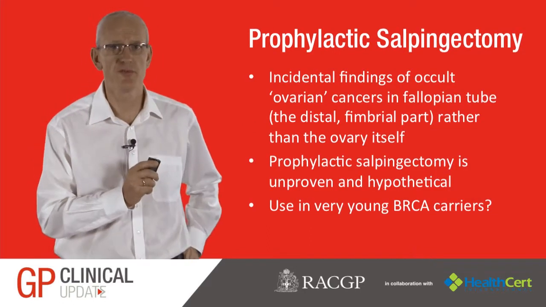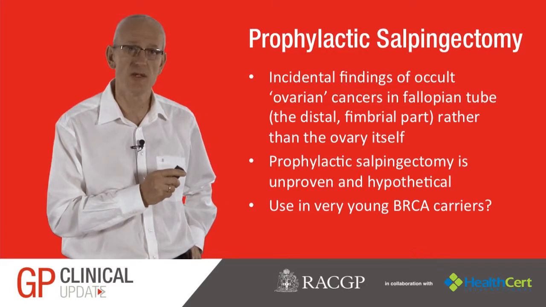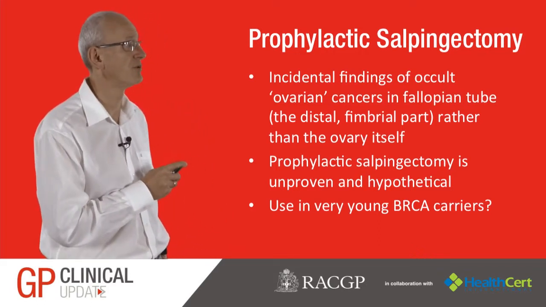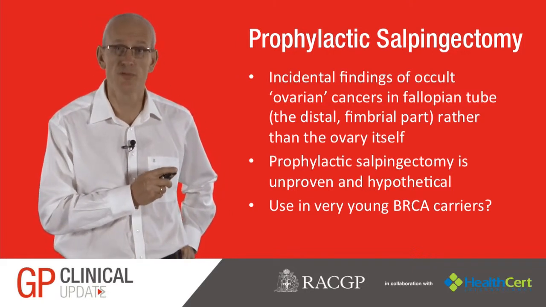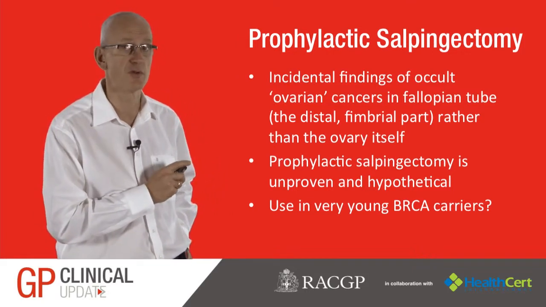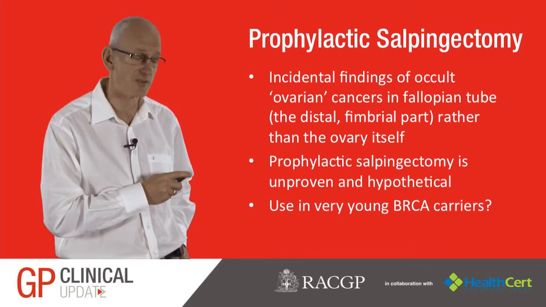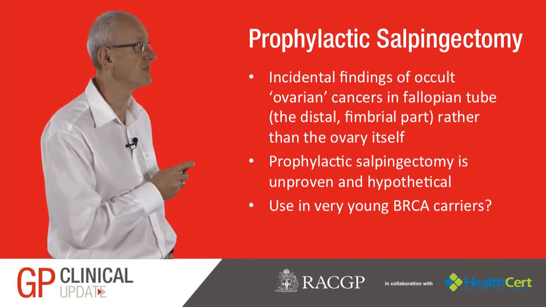Now, there was a little bit of a hype last year in 2012 about prophylactic salpingectomy and whether we should actually remove the fallopian tubes to reduce the ovarian cancer risk. I thought I'd elaborate on this a little bit.